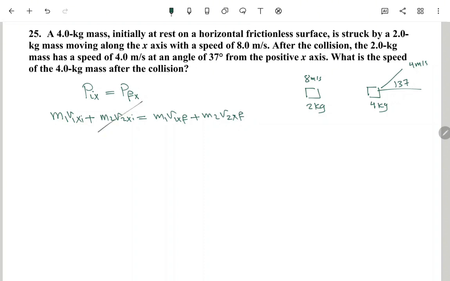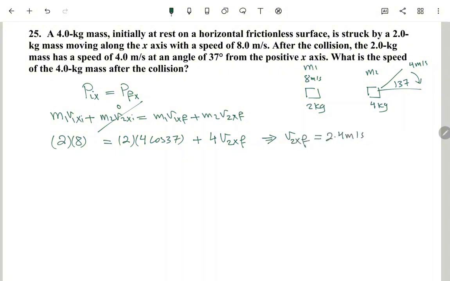Now the second object initially at rest, assuming this is m1 and this is m2, and you substitute the numbers, 2 times 8 equal to 2 times 4 cosine 37, this one here, the x component, plus 4 v2x final, and from this one here, v2x final equal to 2.4 meter per second.